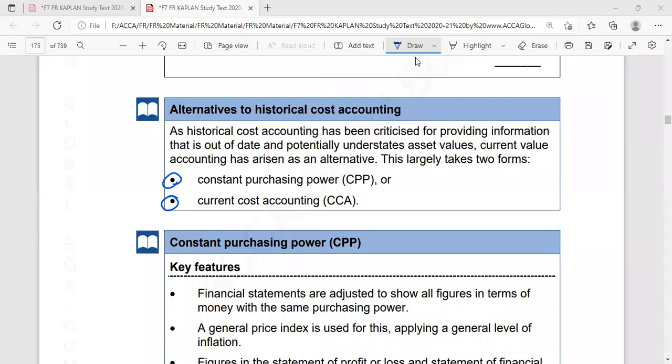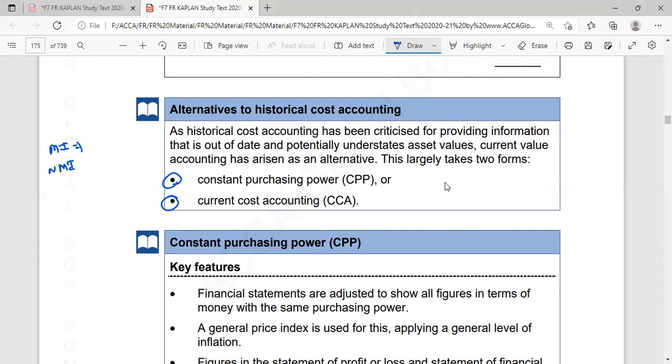In case of constant purchasing power accounting, in general, while preparing the financial statements, we consider that there are monetary items and non-monetary items.